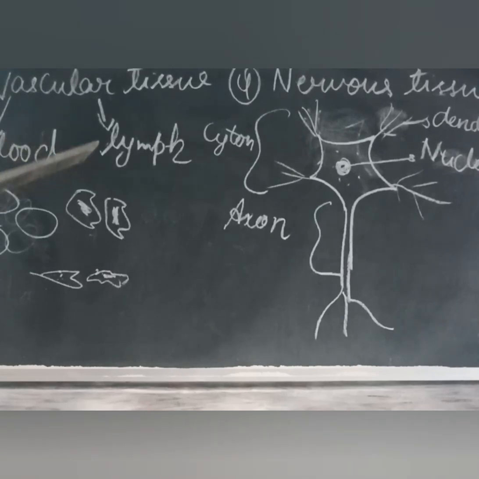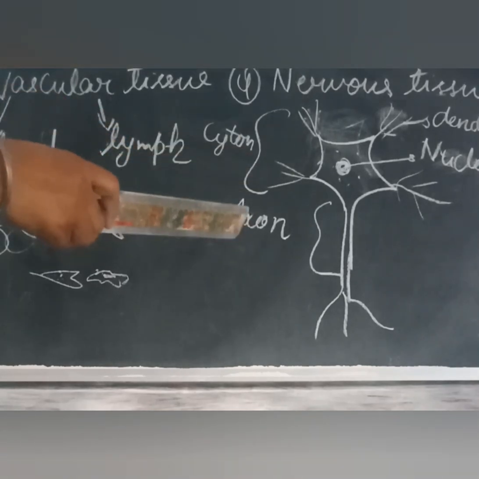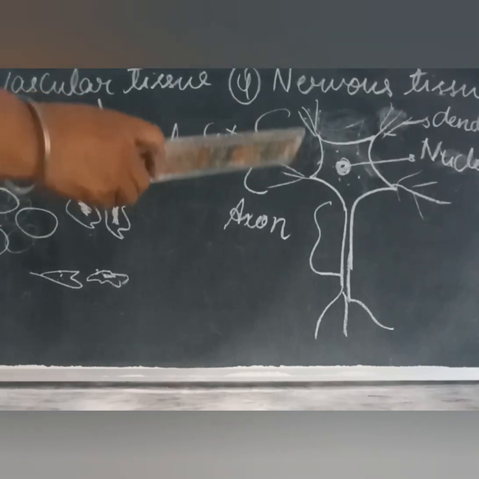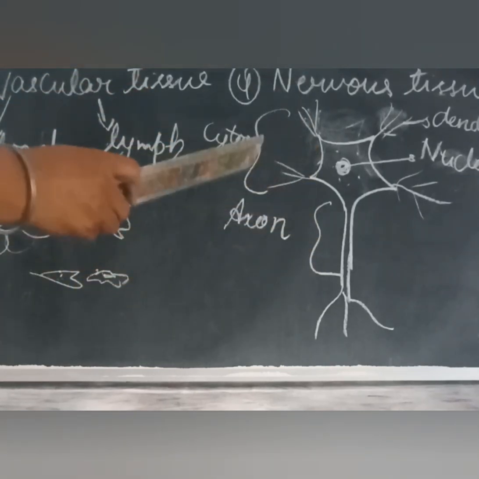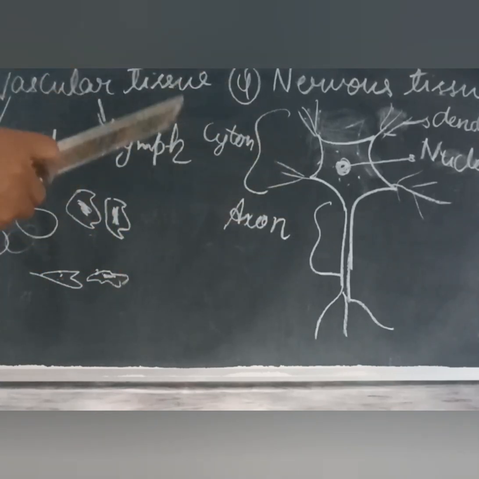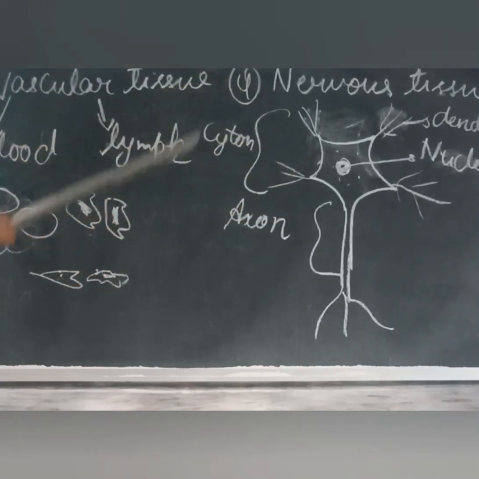And then next one is the nervous tissue. Nervous tissue is made up of special cells called neurons or nerve cells. These nerve cells carry messages from all parts of the body to the brain and the spinal cord.